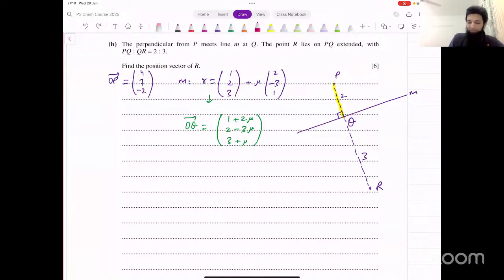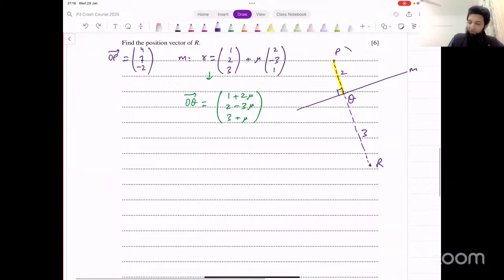We say, let's find PQ vector first of all now. We have OQ right now. Okay, OQ is not perpendicular to line M. PQ is perpendicular. So first of all, we have to find vector PQ now. PQ vector. What's that? OQ minus OP. Okay, what do we get from that? OQ minus OP, 1 plus 2 mu minus 4. 1 minus 4 is minus 3.